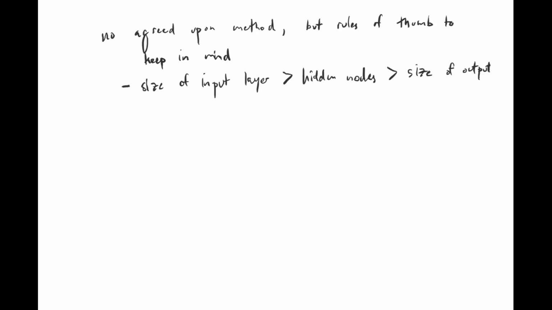And this is kind of like a dimension reduction type of thing. Some people think about hidden nodes as approximately 2/3 input plus output layer size.